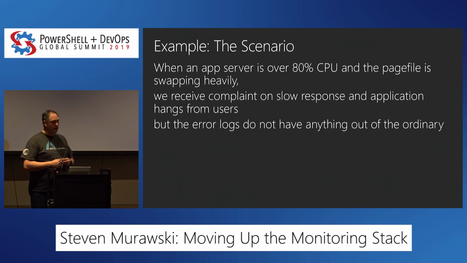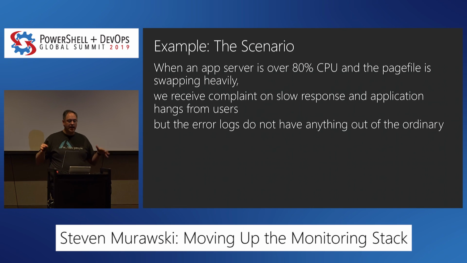Now, I've kind of talked through like, hey, what goes on? Hey, CPU utilization's high, page file, all that kind of stuff, right? But we're not getting any other context. How do we deal with that? What do we actually transition our monitor and metrics to?